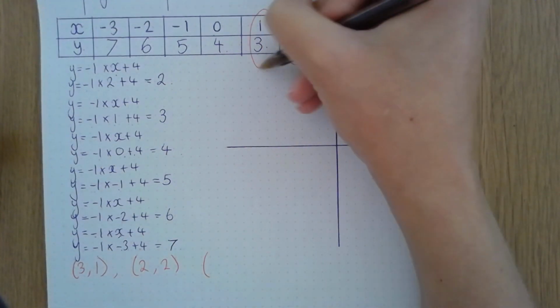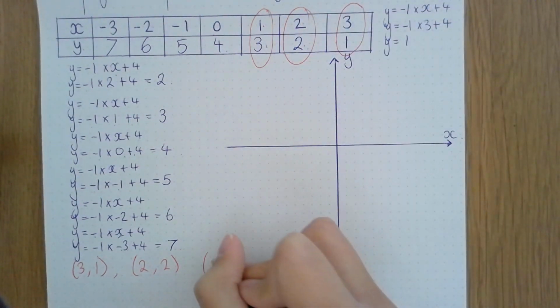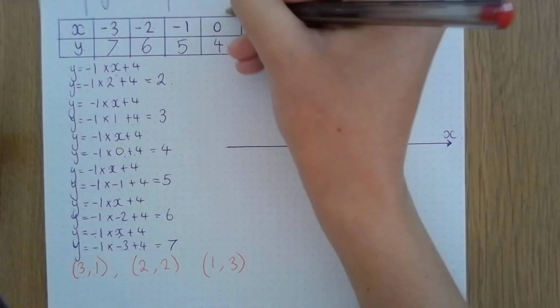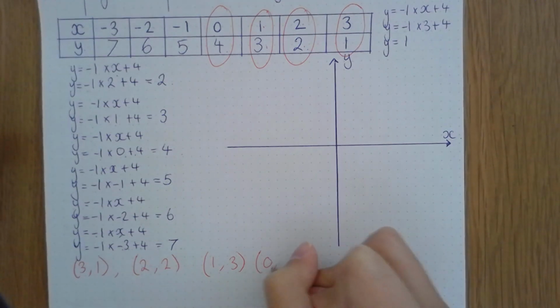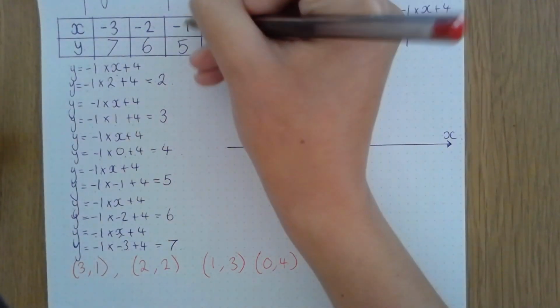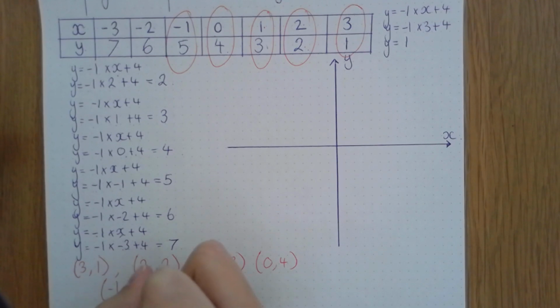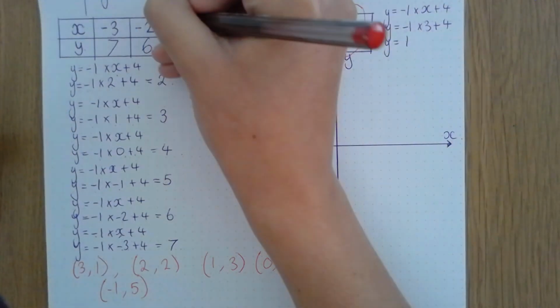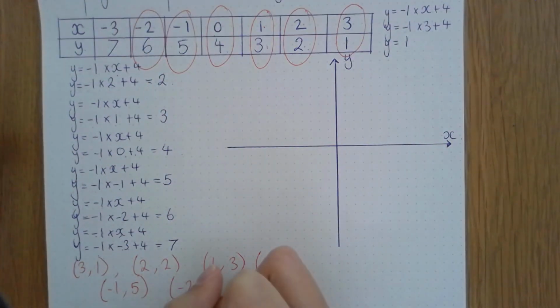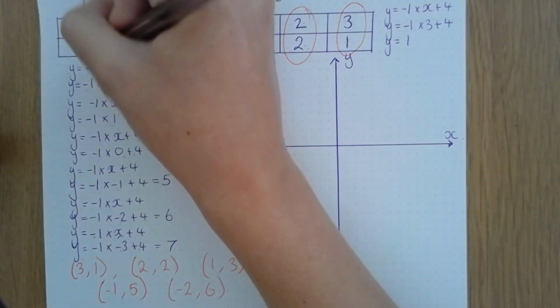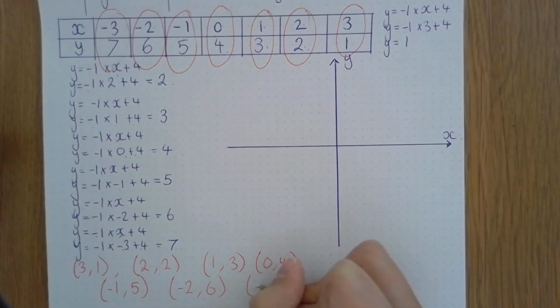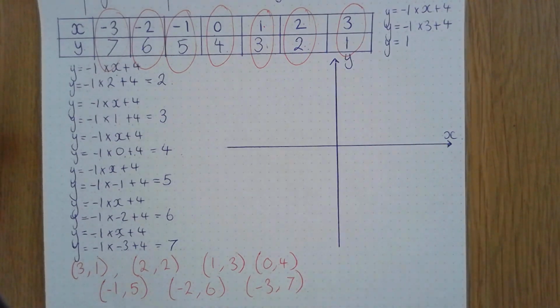Then this coordinate, so it's 1, 3. Then this coordinate, so it's 0, 4. Then this coordinate, so it's negative 1, 5. Then this coordinate, so it's negative 2, 6. And then this coordinate is negative 3, 7.